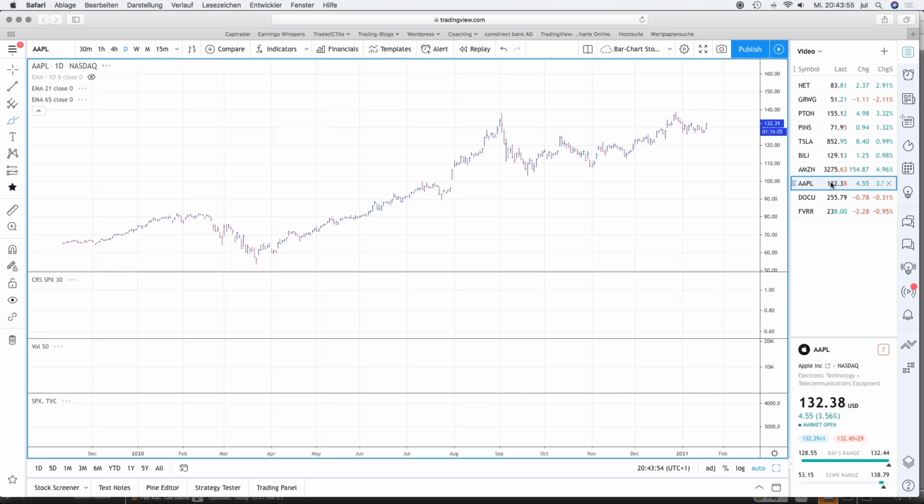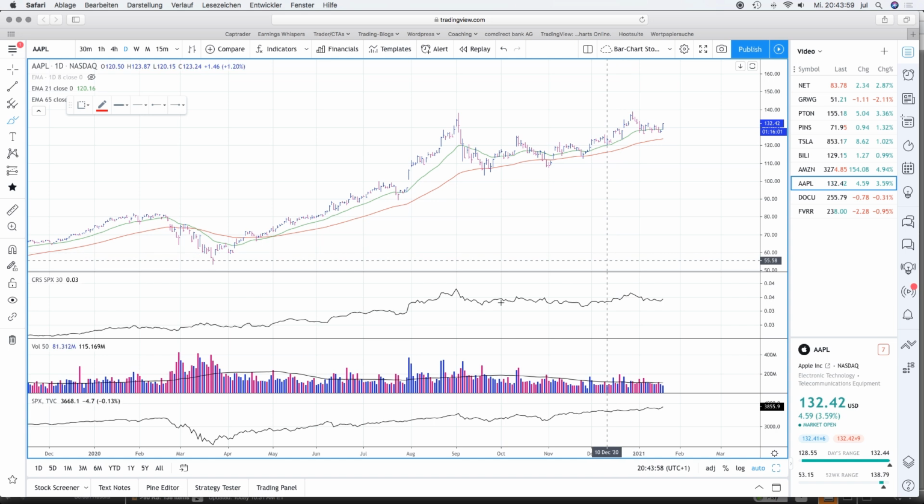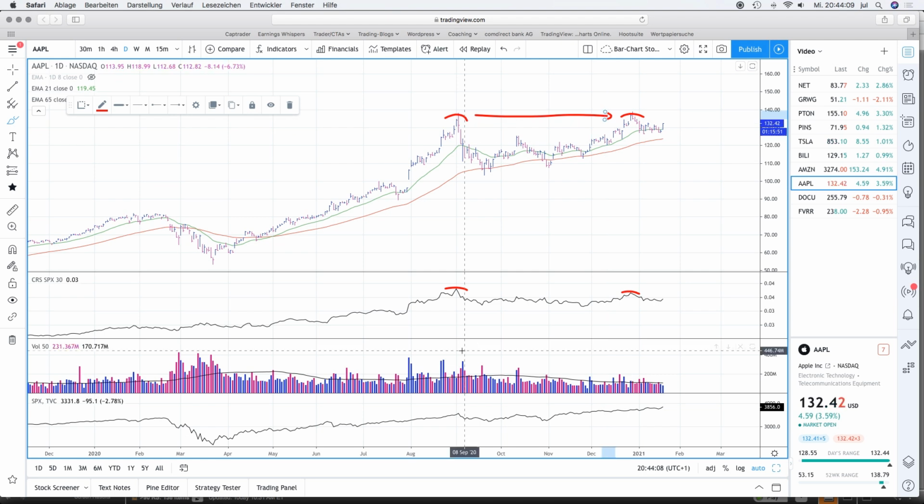Apple is another example here of underperformance. You can see a price high here and a price high here, almost on the same level, but the RS line is not on the same level, it's slightly below, and that means Apple is underperforming the S&P 500, but that can change very, very quickly.